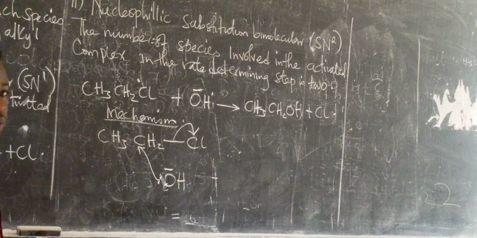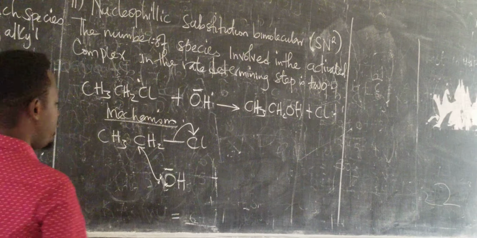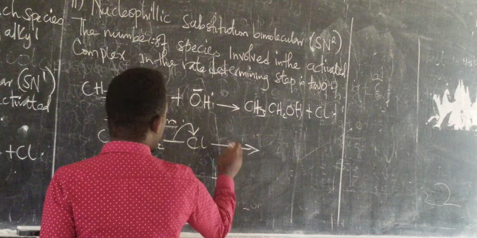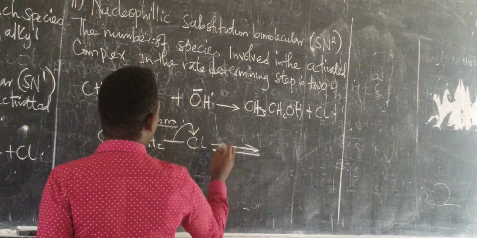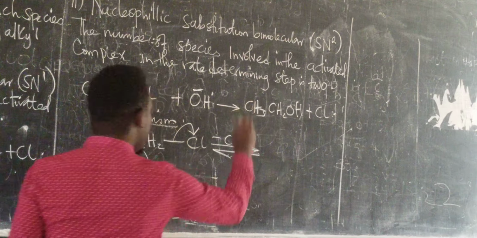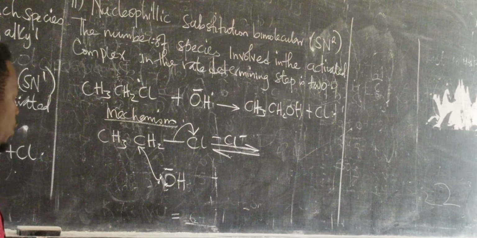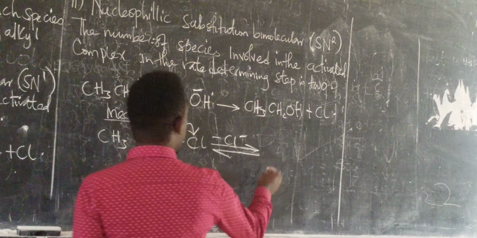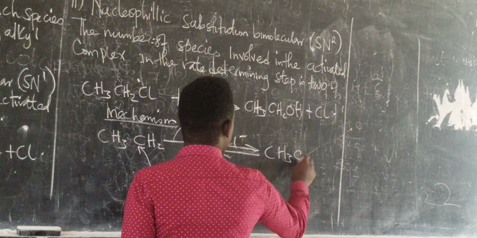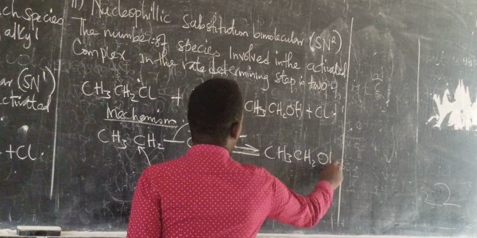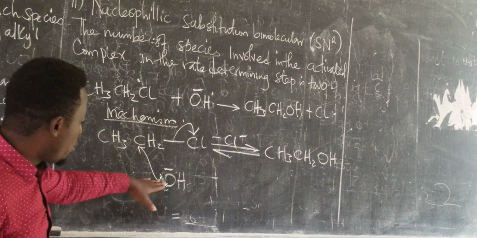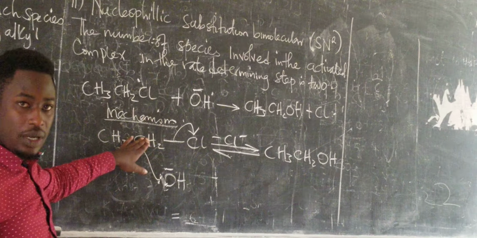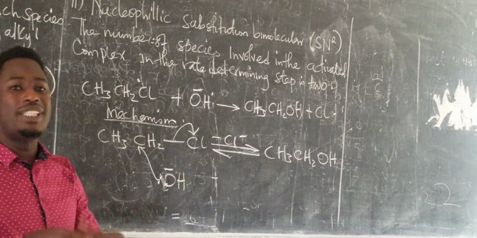Do you see that? This is our rate determining step, where we are letting go of the chloride and the OH is coming in, leading to the formation of CH3CH2OH.